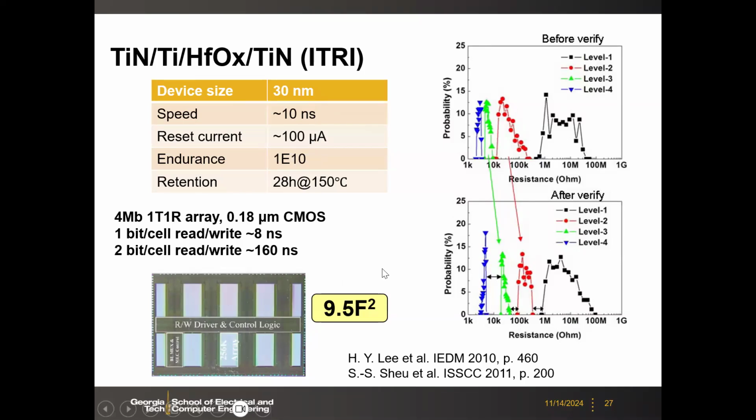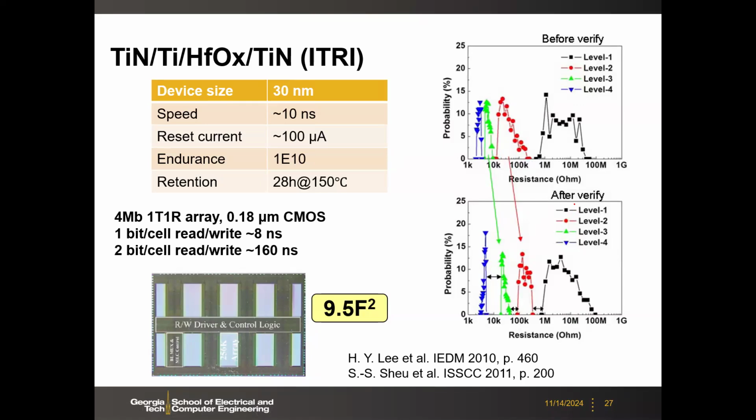Okay, so what they did here is write and verify. This is similar to NAND flash. When you program the multi-level state without the verify, the distribution in terms of resistance may have some overlap in between. You need to encode 4 levels into 2 bits. So they need this verify pulse.